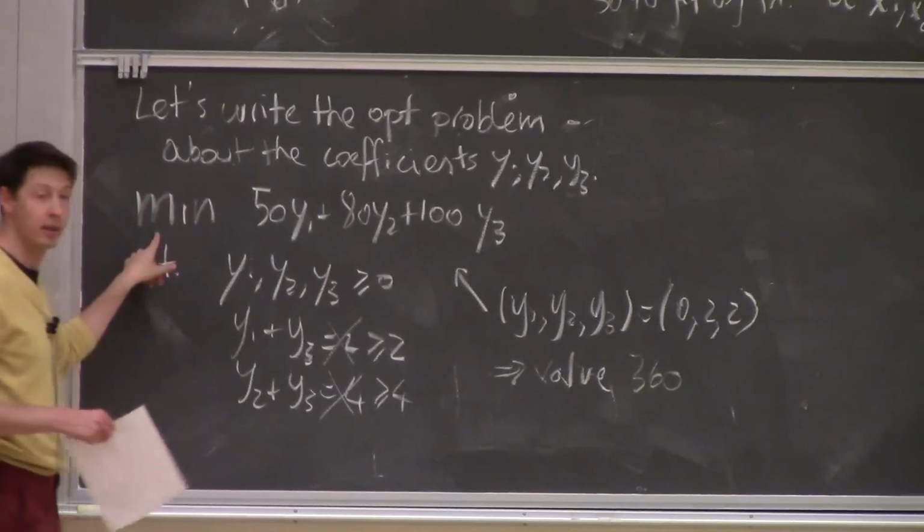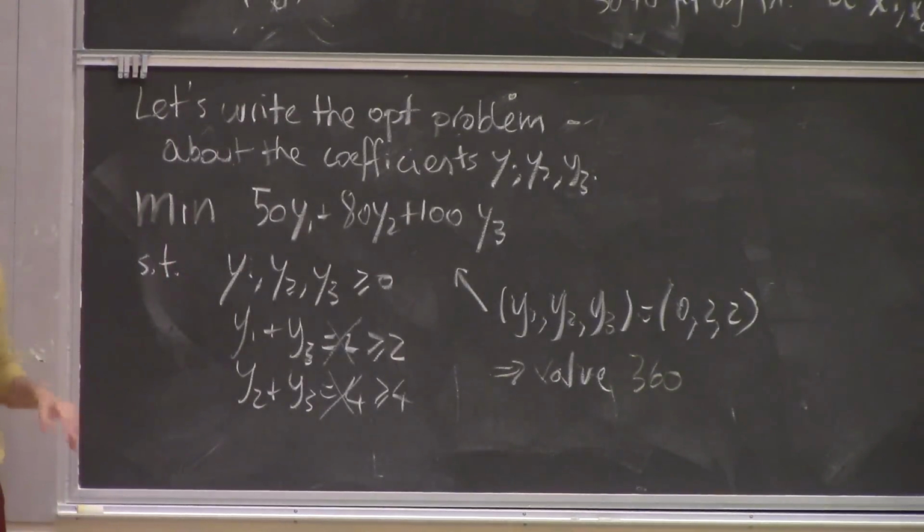But we're minimizing, right? I mean, they really live in different spaces, but the primal and the dual kind of touch each other at the optimum. And one of them is maximizing, the other one is minimizing.